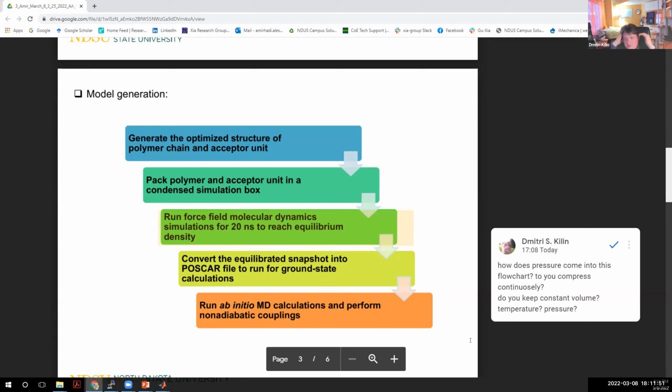Is energy conserved during your molecular dynamics just by the settings you're using, or is there a way to lead energy, especially kinetic energy, out of the system?